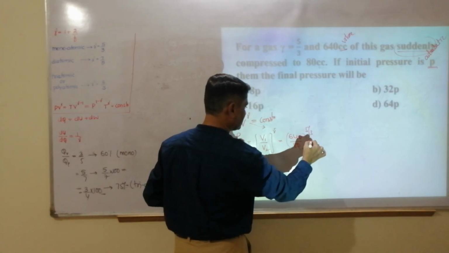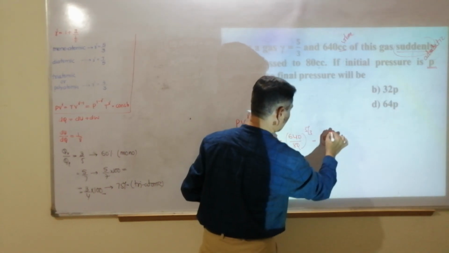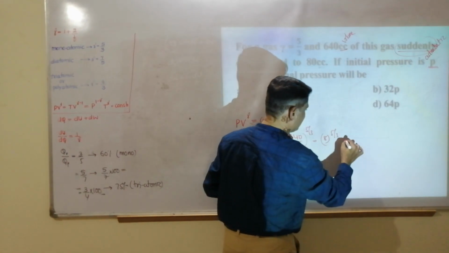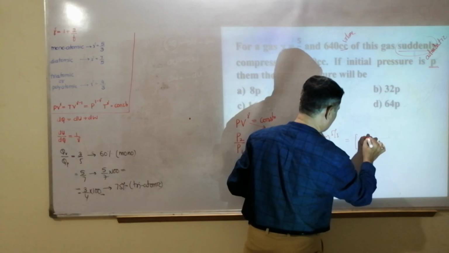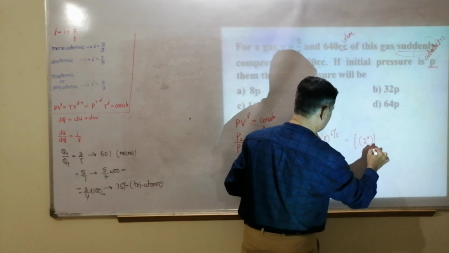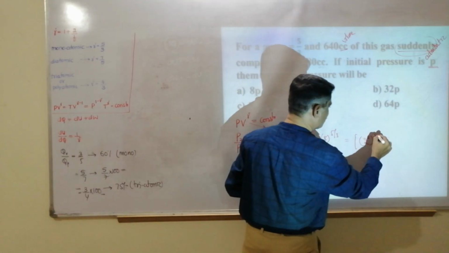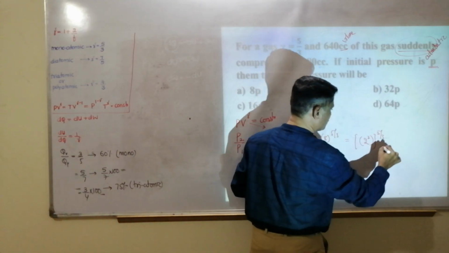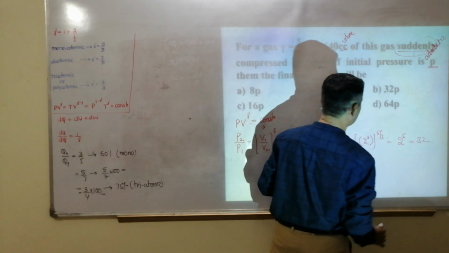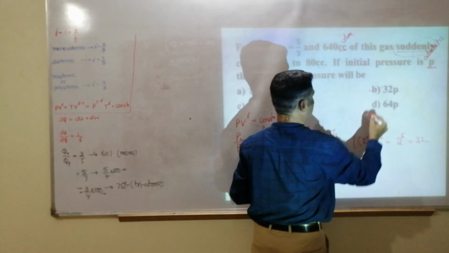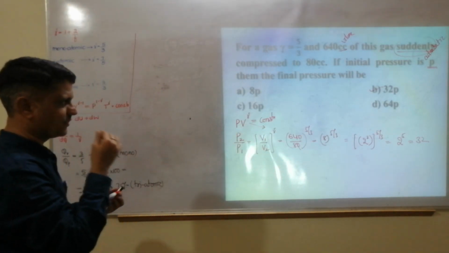This gets cancelled, it will be 8 raised to 5 by 3. 8 can be written as 2 cube. 8 means 2 cube raised to 5 by 3. If you simplify, it will be 2 to the power 5. It will be 32P. So, second option. Do it fast yourself.